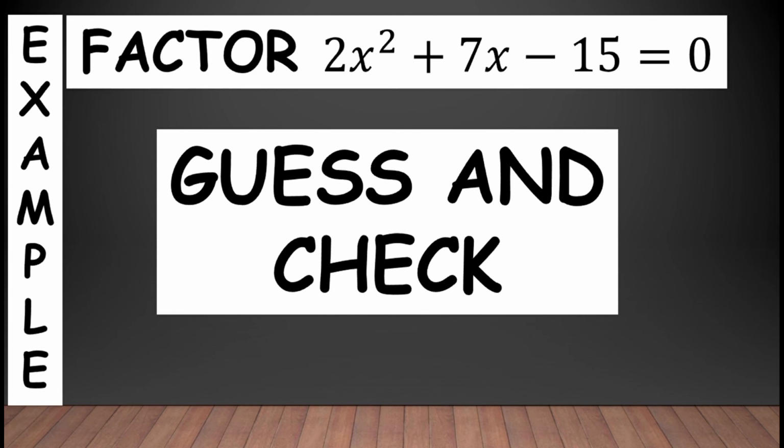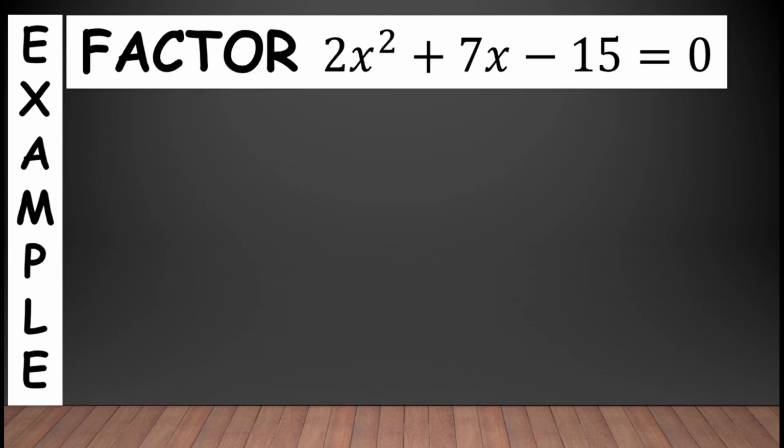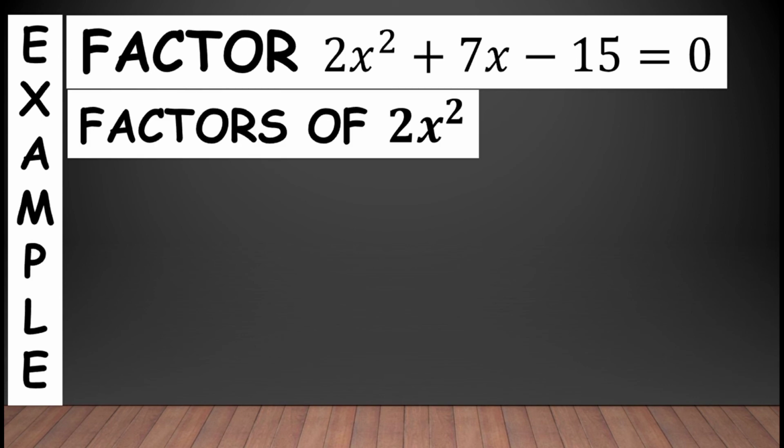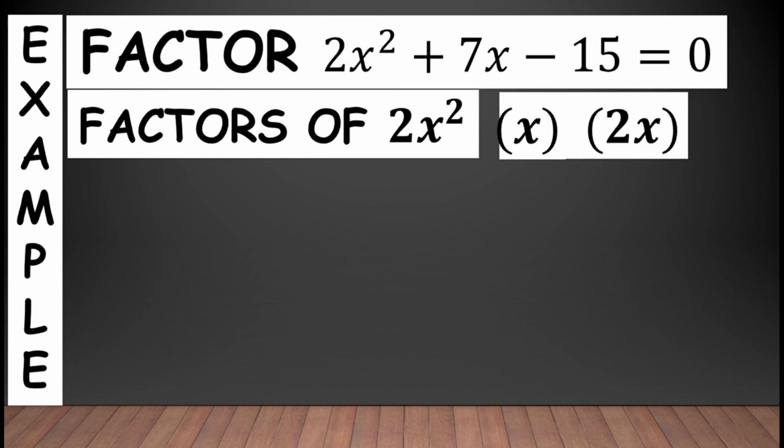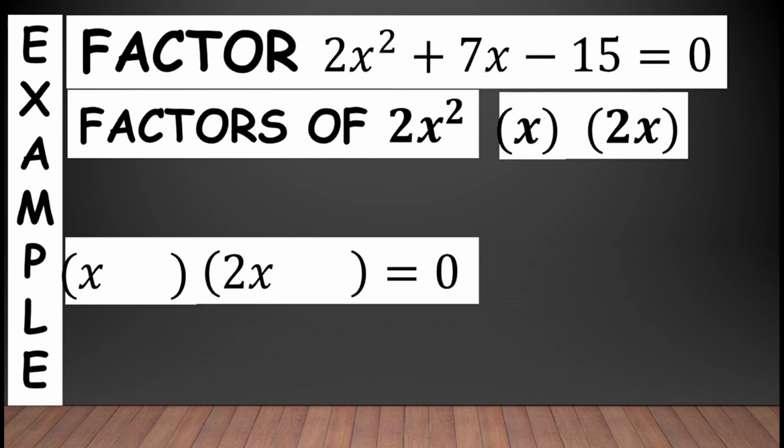So it is very important for all of us to determine first the possible factors of 2x squared. In this case, we will have x and 2x. So in our binomials, we will have the first set of our terms: quantity of x and quantity of 2x.